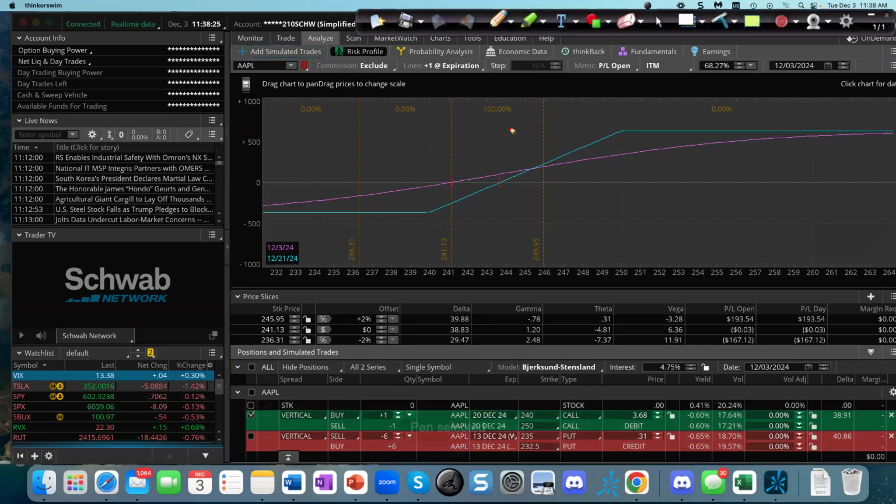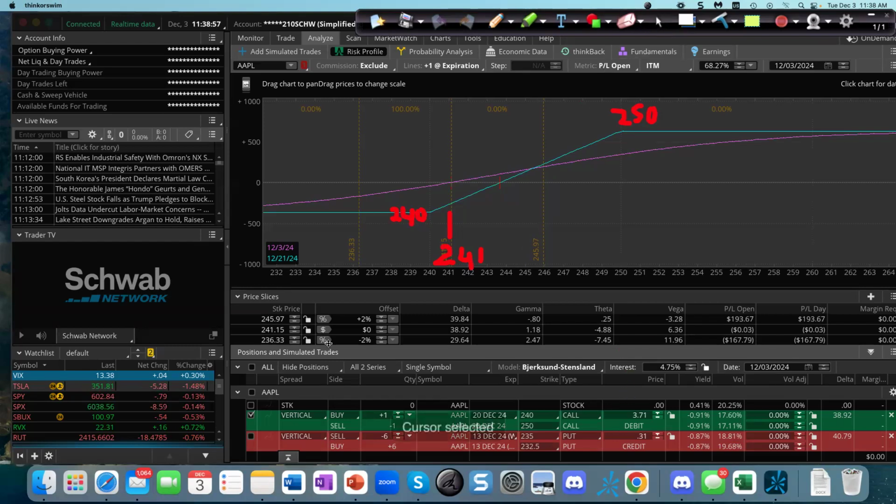With Apple currently at $241, I go out to December 20, 17 days from today, December 3rd. I buy the 240 call and I sell the 250 call. This is called a bull call spread, a vertical debit spread.